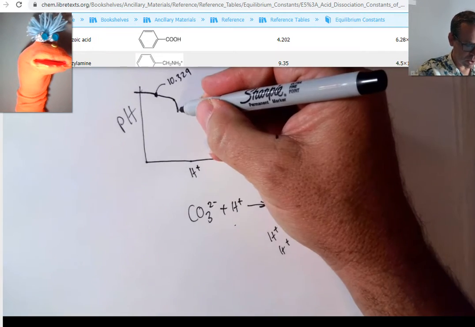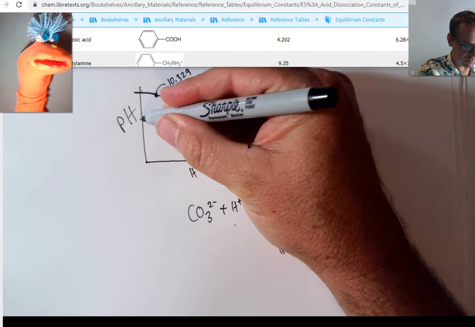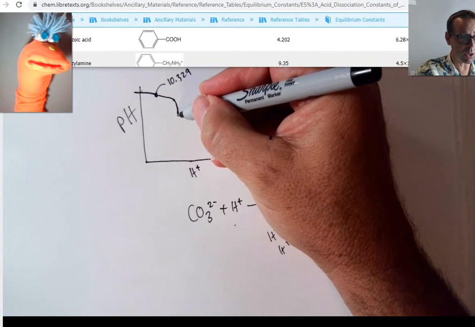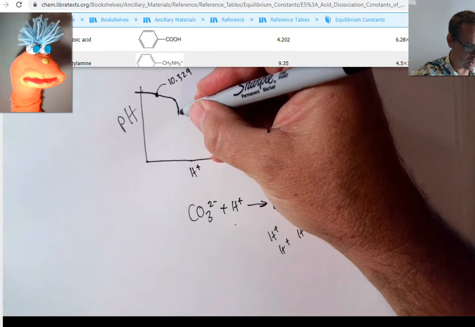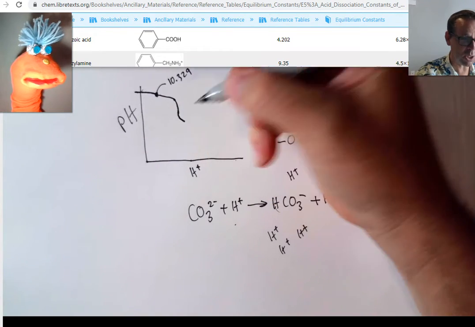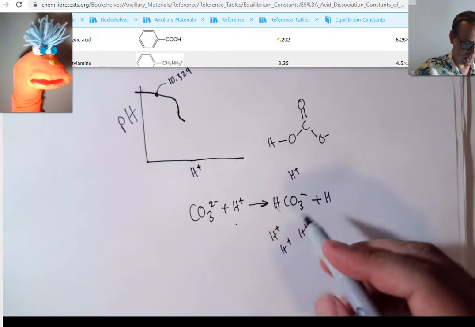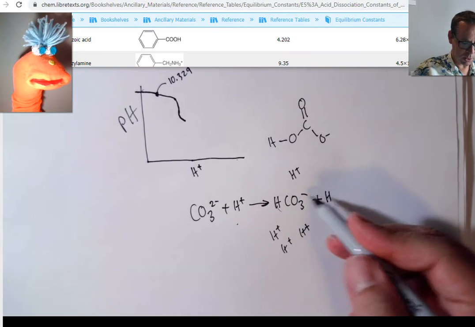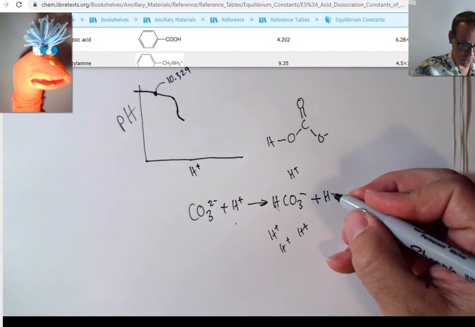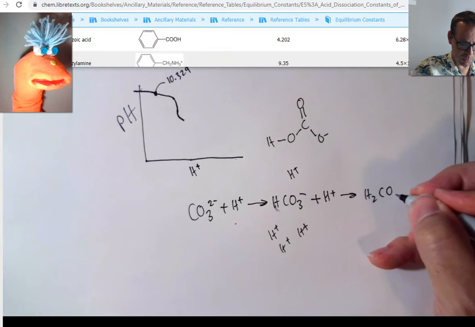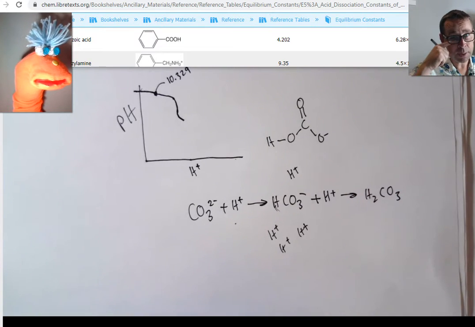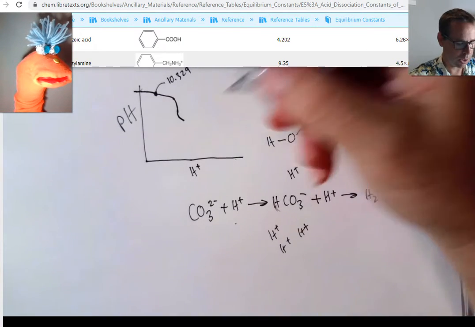So once the hydrogen ion concentration increases enough, the pH curve here will level off as your hydrogen ion concentration won't continue to build because these bicarbonates will begin to be converted to carbonic acid, taking a second hydrogen ion.